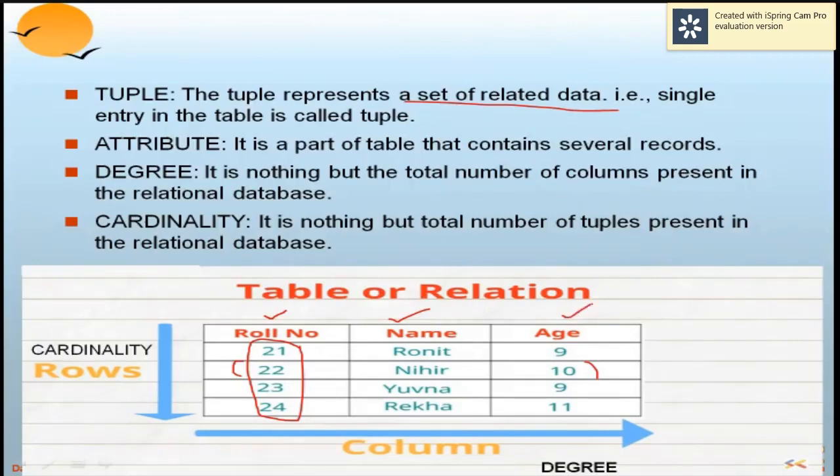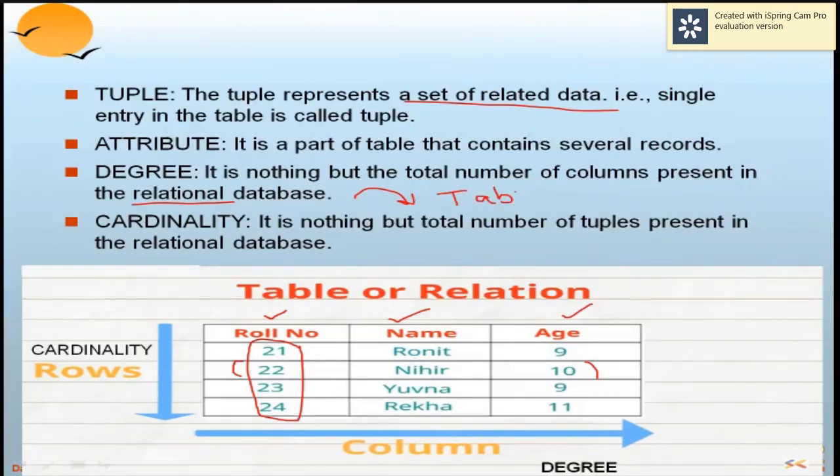Now let's look into the concept of degree. So what is meant by degree? Let's directly look into the concept here. It is nothing but the total number of columns present in a relational database. I already said when I use the word relational database, it's nothing but a table.